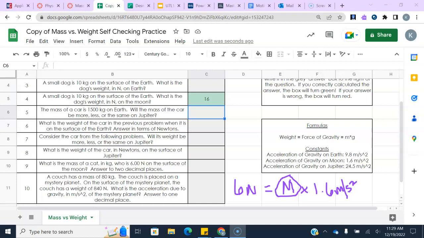We're going to divide both sides by 1.6. So 6 divided by 1.6 is going to give us our mass in kilograms. And remember, we want to report it to 2 decimal places. So we divide each side by 1.6, and that's going to give us the answer to number 9. I'm going to exit my drawing and pull up my calculator.